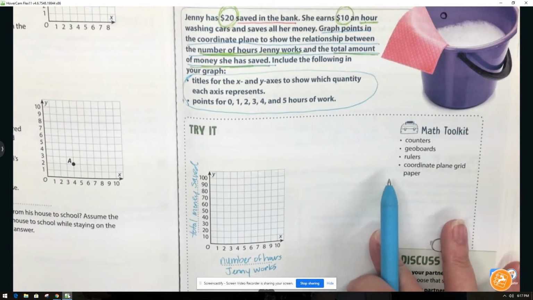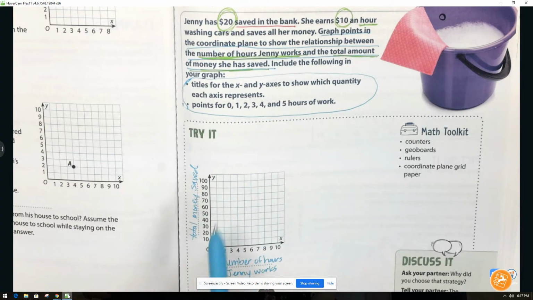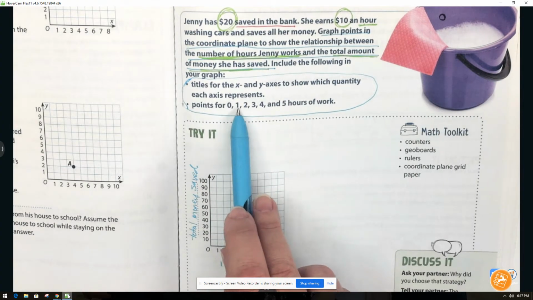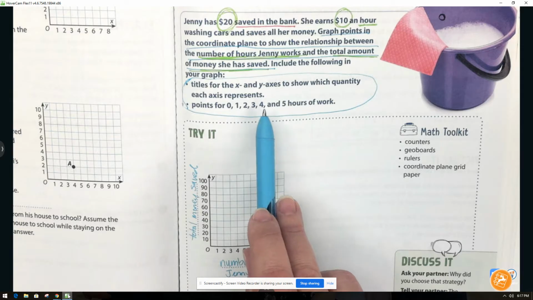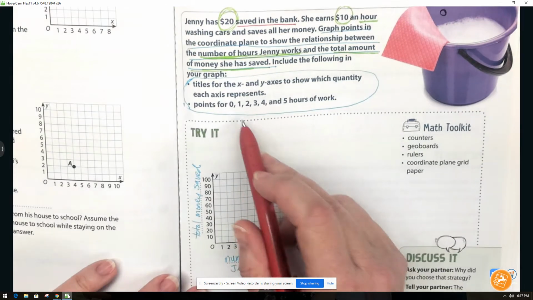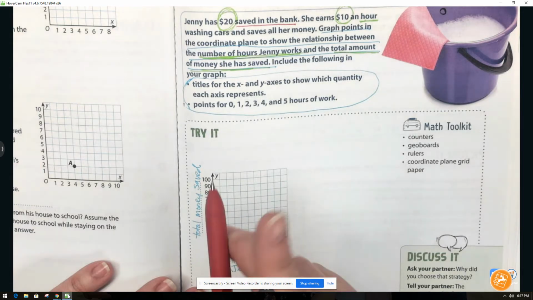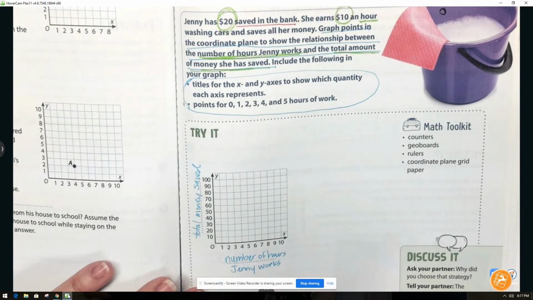Now it says they want points for an x value, the hours. What if she works no hours? What if she works 1 hour, 2 hours, 3 hours, 4 hours, and 5 hours? How much money will she have in the bank? So first of all, we know if she works no hours, does she have any money? She does. That was a trick question. I was testing you.